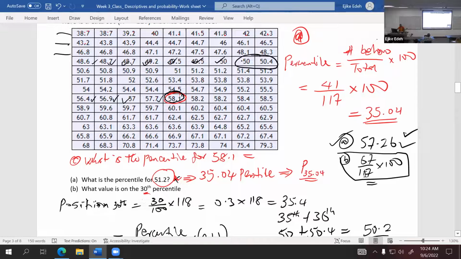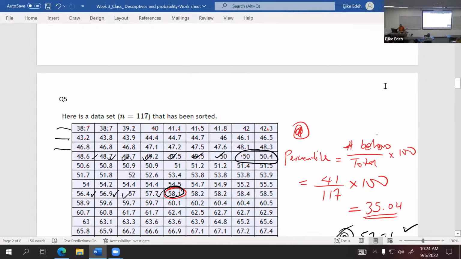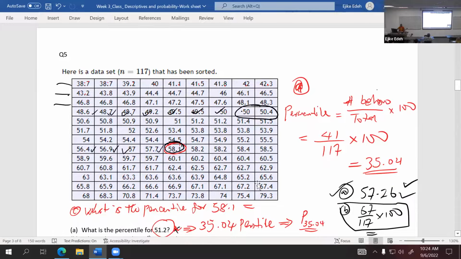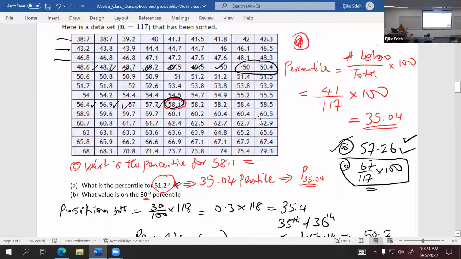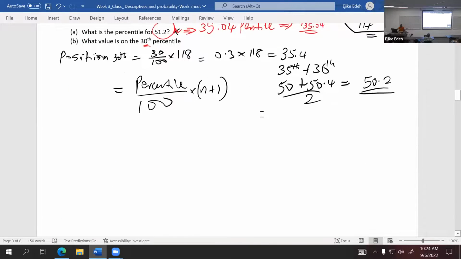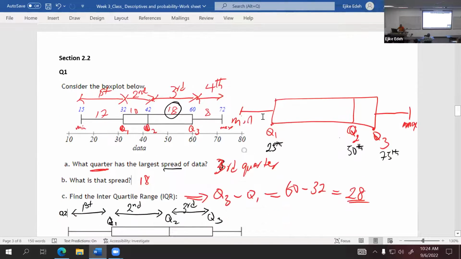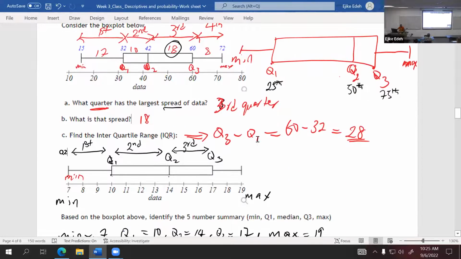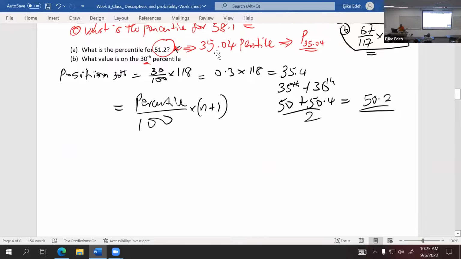But if what it's asking you to do is the first part that we did here, I doubt it will ask for that. The second part is asking you to find a particular percentile, so you just use this formula to compute that.